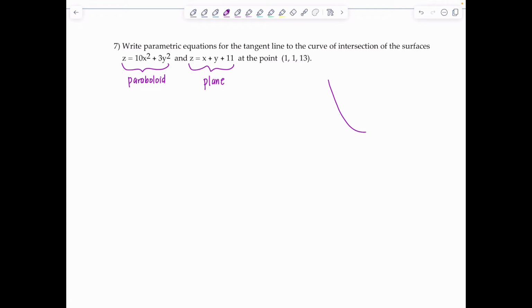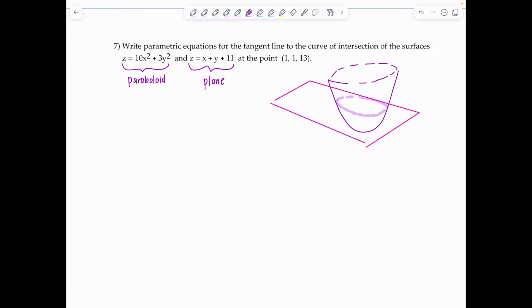So I'm going to draw a very rough sketch just to show what's going on. Here's my paraboloid. Do you love it? Have you ever seen such a beautiful paraboloid? And then here's the plane coming, intersecting, and they have a curve of intersection. You could probably imagine, right? It's going to cut through somewhere like that.